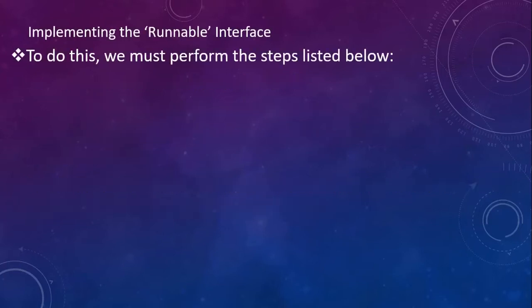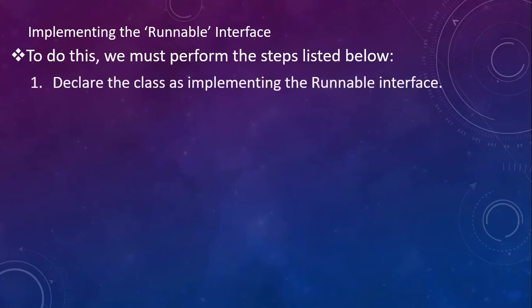To do this, we must perform the following steps. One, declare the class as implementing the Runnable interface. Suppose I am creating a class, let's say MyThread. MyThread is a class that I want to create, so I will have to declare it as class MyThread implements Runnable.